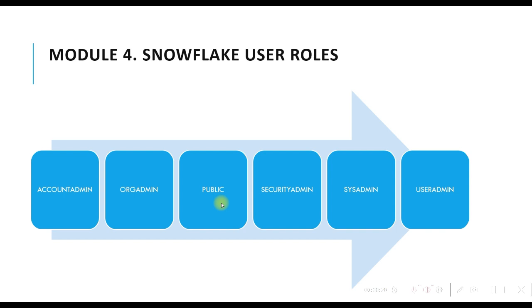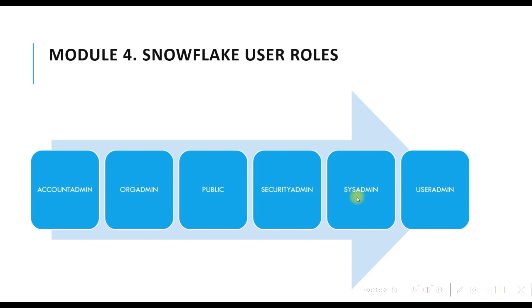Next is public. Public is granted to every user and every role in the account, so basically it provides default access to all the users. Then security admin. Security admin manages any roles globally and creates, monitors and manages the users and roles.